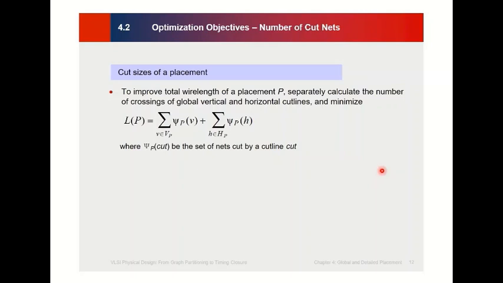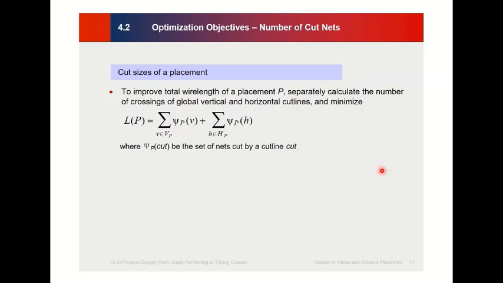If we don't have too many long wires from one block that needs to be connected to another block, if we reduce that, that means most of the wires are local wires. That is, wires only within each floor plan. So you can see that if we have that case, the wire length can be minimized.